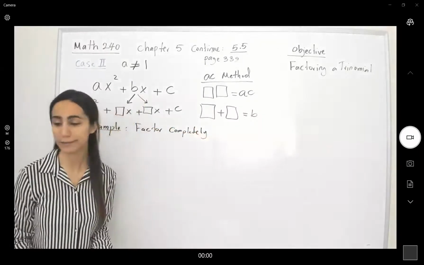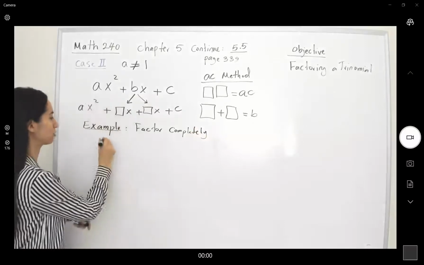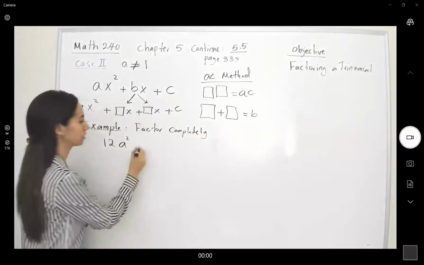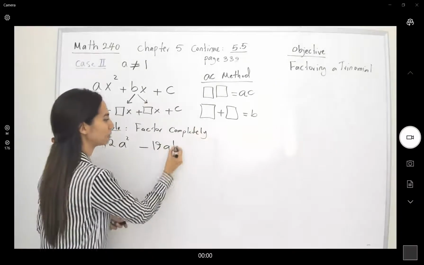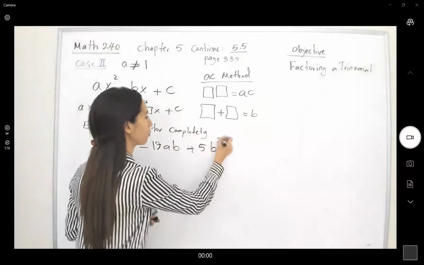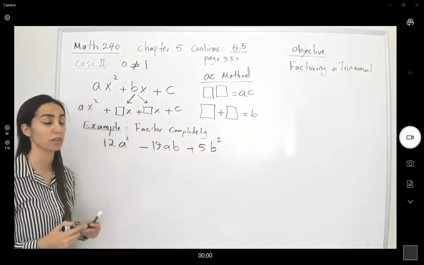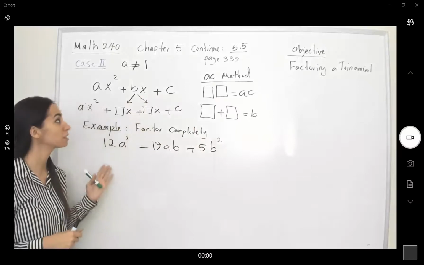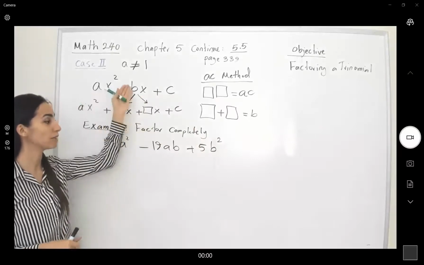Factor what completely? This is the expression that you have: 12a squared minus 19ab plus 5b squared. Very well. We're applying the AC method, and this is very similar to what we have here.